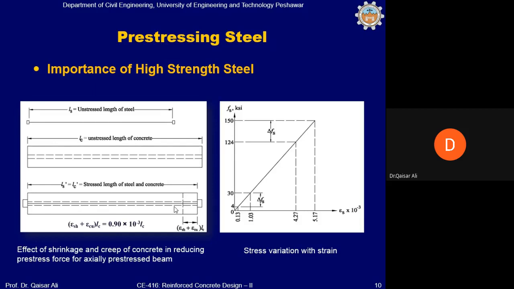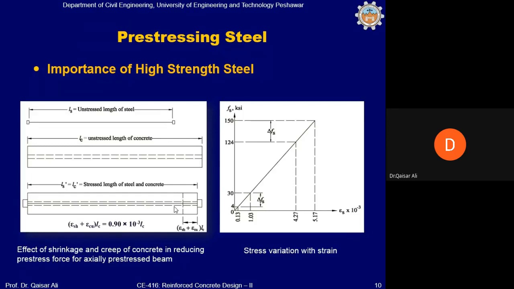And any decrease in the length of steel means a loss in the pre-compression force, because the pre-compression force was due to the stretching of the steel. So with the reduction in the length of steel, the steel succeeds in regaining its original length.